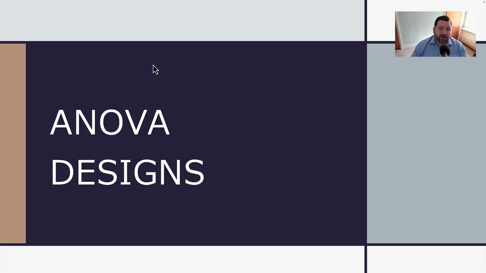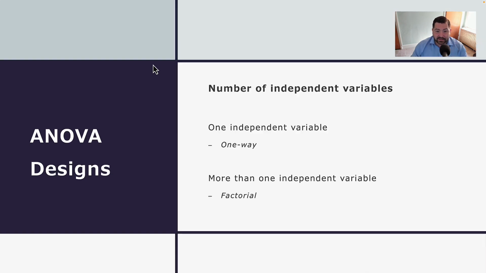Okay, so let's talk a little bit now about ANOVA designs. So when we talk about ANOVA designs, I want you to remember that we can either have an independent groups ANOVA, we can have a repeated measures ANOVA, or we can have something that's known as a mixed factorial ANOVA. And so the real question about whether we're having a one-way independent groups ANOVA, a one-way repeated measures ANOVA, or a mixed or just a general factorial ANOVA really depends on how many independent grouping variables that we have.